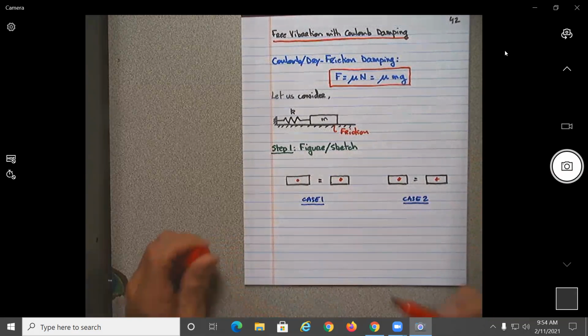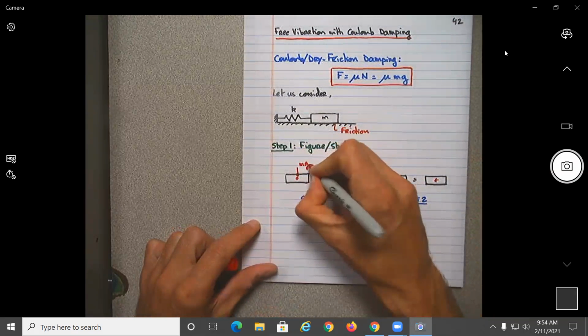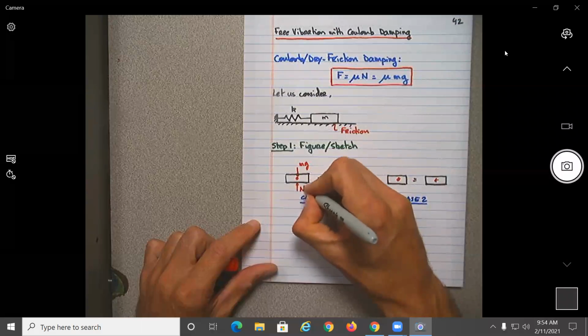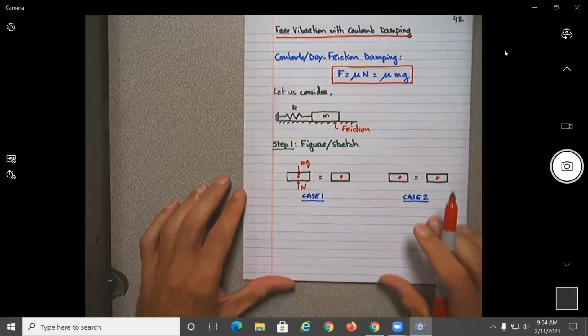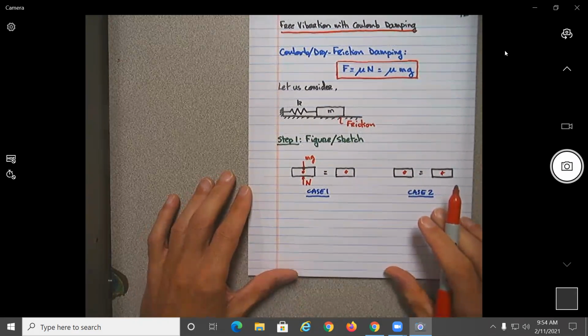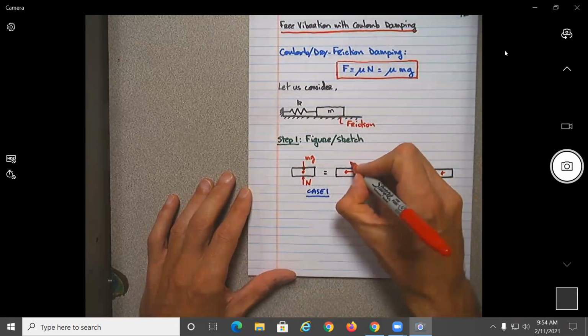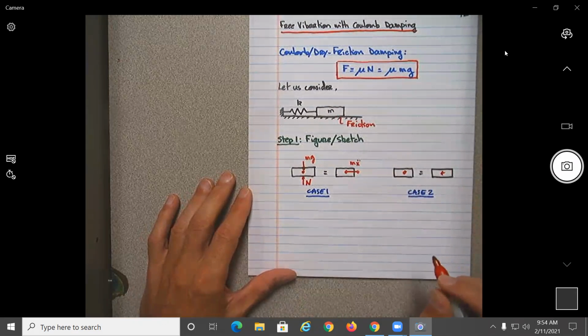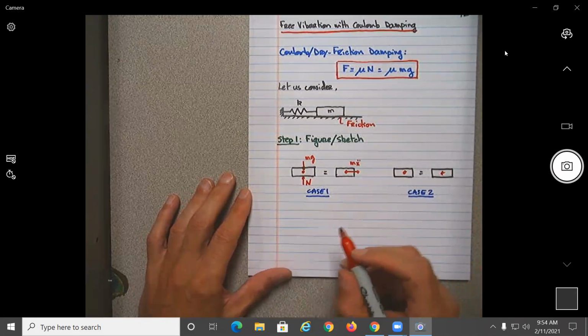On the first one, what should be the forces? You have gravity mg, you can have the normal force, even though we're not going to take too much into consideration that. Then, if the object is moving to the right, we have m x double dot in that direction. What should be the direction of the friction force? It should be opposite to the motion, so it should be going to the left.